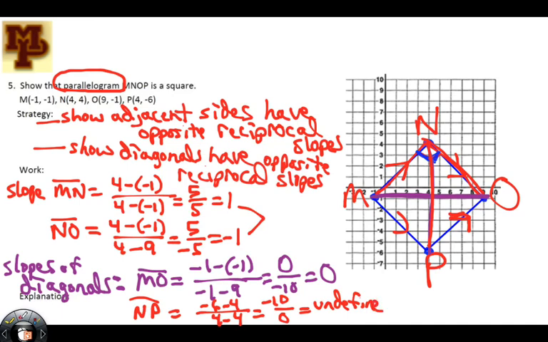So 0 and undefined always create a perpendicular, because one of them is a horizontal line and the undefined is the vertical line. That creates a perpendicular right here, and that's what makes it a rhombus. A rhombus and a rectangle put together creates the square. So that proves that it's a square.